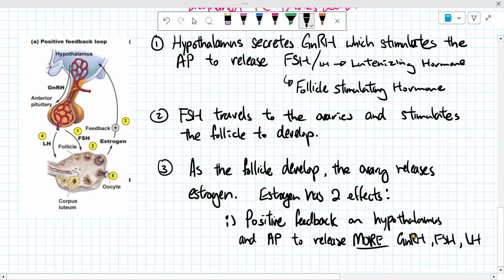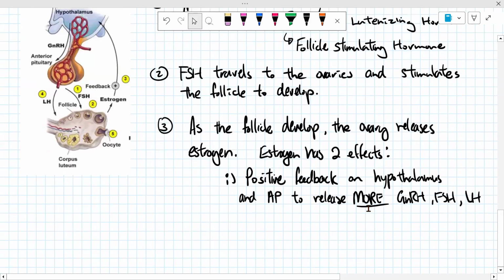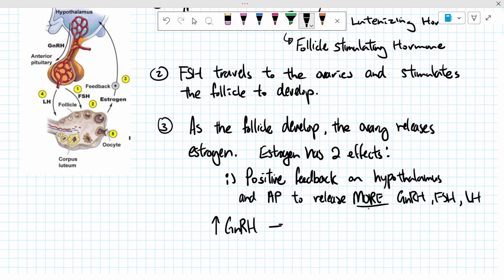A positive feedback is a situation where the end result exaggerates the trigger. In this case, we started with increased GnRH, which leads to an increase in FSH and LH, which then increases estrogen. That's the story so far.